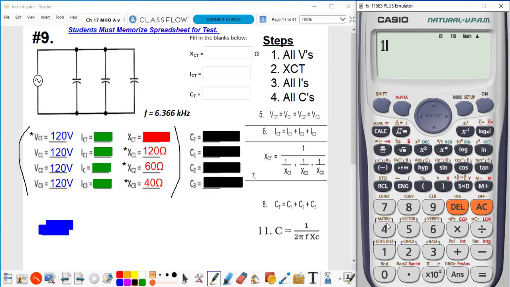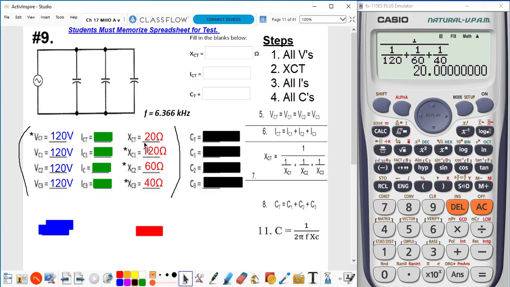So we're going to go 1 over 120, plus 1 over 60, plus 1 over 40. It equals, that gives us a total capacitive reactance of 20 ohms.